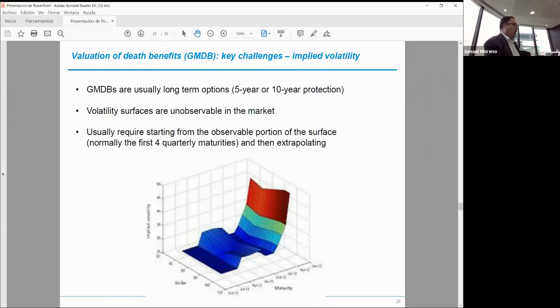I've got to confess to you that extrapolating a surface to 10 years from an observation range of only the first 2 or 3 quarters is like jumping in the dark. That's something we always felt very, very uncomfortable with.